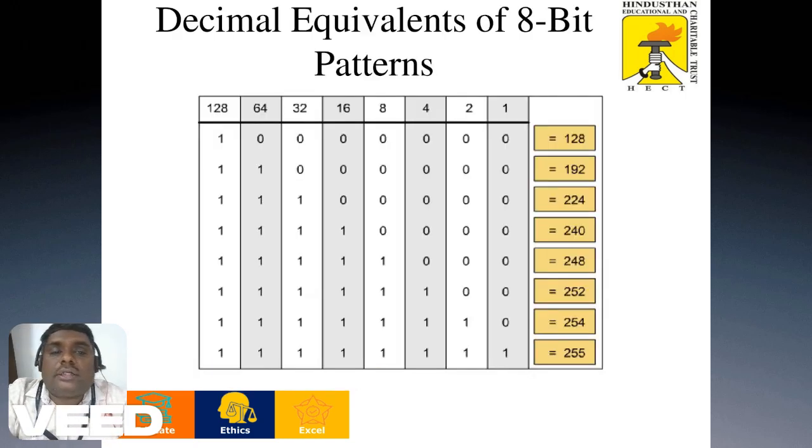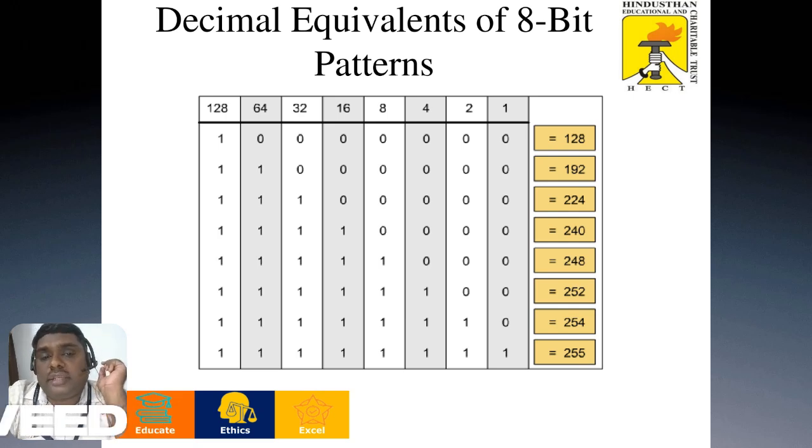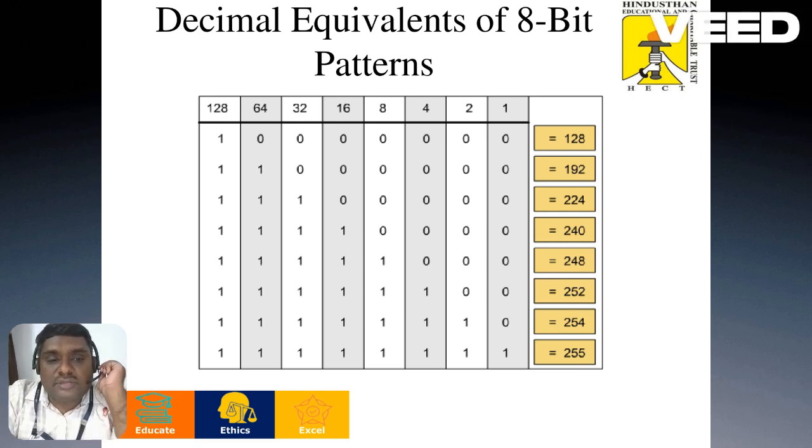While we are checking the decimal equivalent, we have to calculate with the 128 bits. So with 128 bits, we calculate the decimal equivalents: 128, 192, 224, 240, 248, 252, 254, and 256.